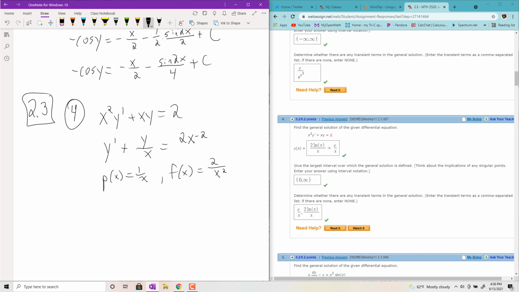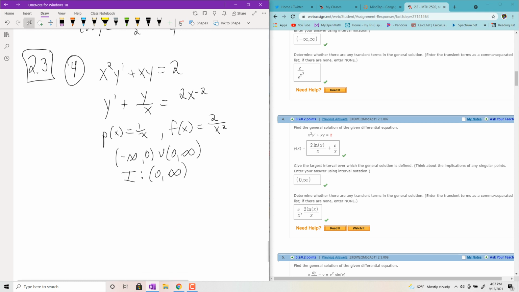The domain of these, both of them, is going to go from negative infinity to 0, and then union 0 to infinity. If you're not given an initial value, pick the one on the right in this case. So our interval of definition, I, is going to be 0 to infinity.